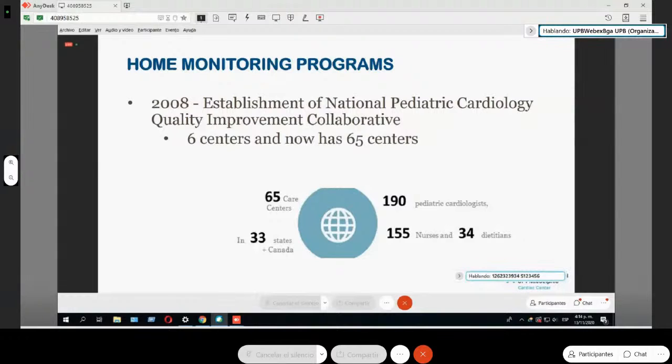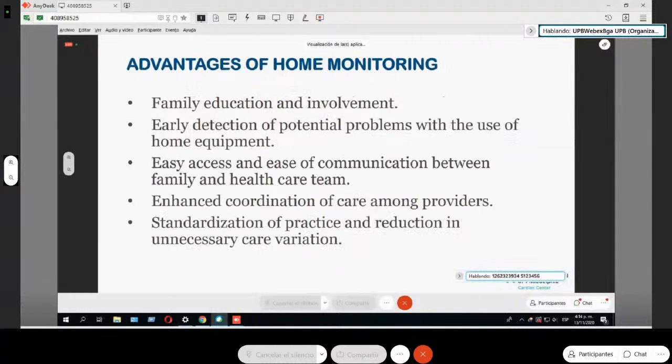Y posteriormente esto fue abordado por el establecimiento de la colaboración de calidad de vida pediátrica y cardiología. Se utilizaron 6 centros y se ha visto reducción de las tasas de mortalidad. La mayoría de los centros en los Estados Unidos ahora y centros en Norteamérica son parte de este grupo colaborador.